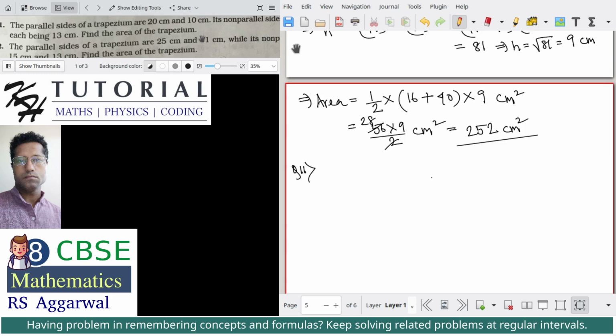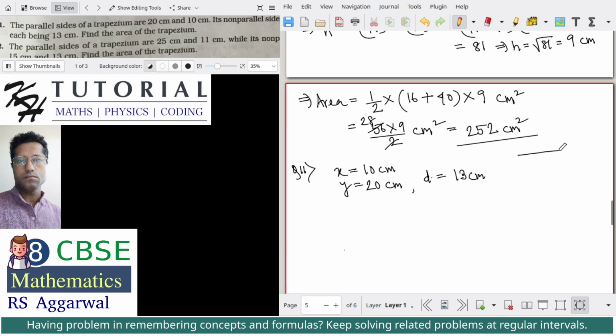So this is an isosceles trapezium, since the non-parallel sides are equal. Okay. So we have x, the smaller parallel side, is 10 centimeter. Y is the longer parallel side, 20 centimeter, and I denote the length of the equal non-parallel sides in an isosceles trapezium with the letter D. So D is given as 13 centimeter.